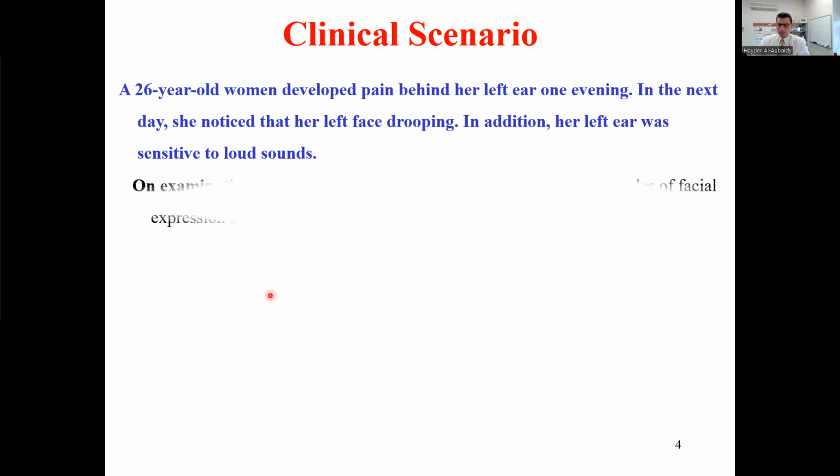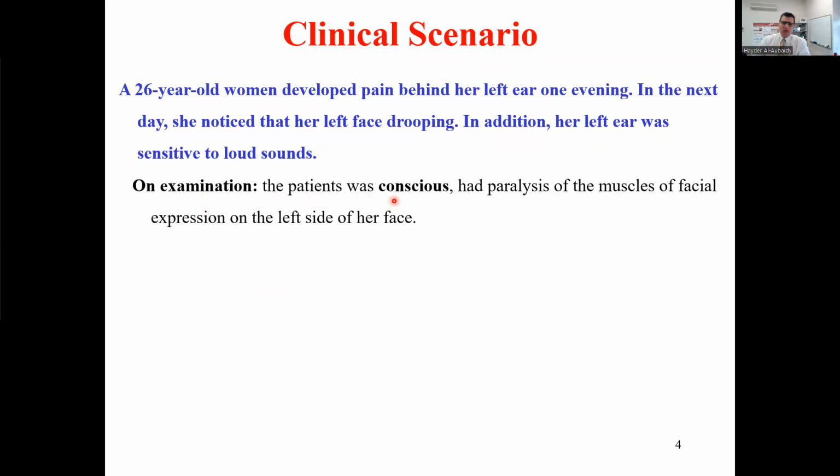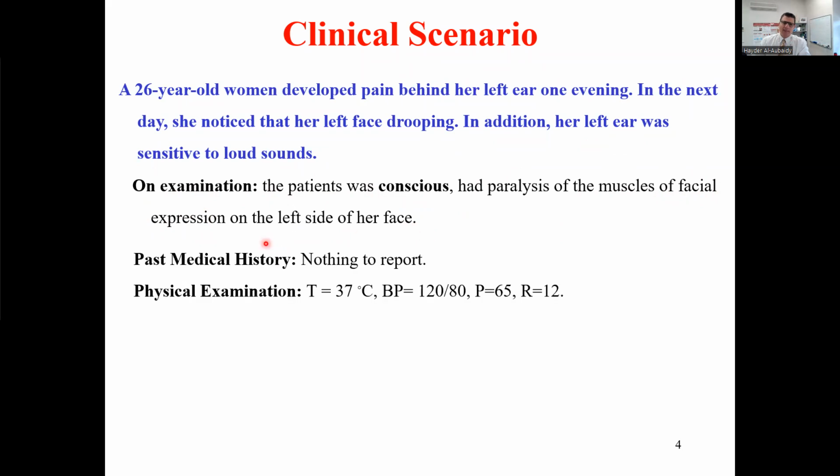On examination, the patient was conscious and had paralysis of the muscles of facial expression on the left side of her face. She has no significant past medical history, so no diabetes, no hypertension, no heart disease, nothing to mention here.